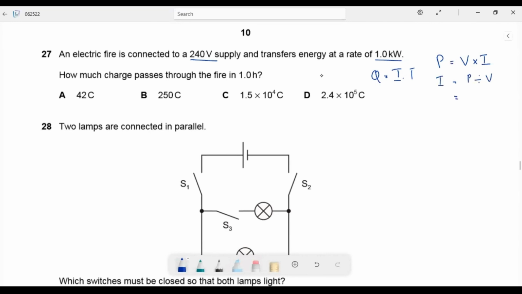Here the power is given as 1 kilowatt, that is 1000 watt, and voltage is given as 240 volt. So we'll be getting the answer as 4.1667.